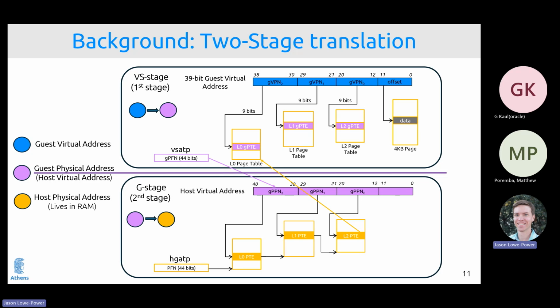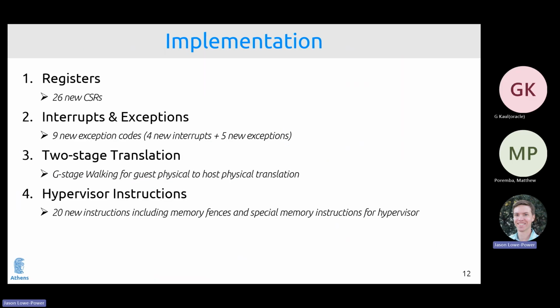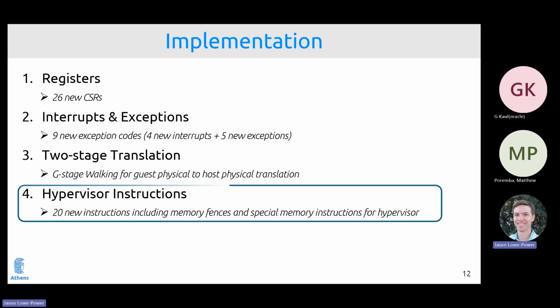Because it's purple, you have to pass it through the full G stages to get an actual address in RAM to find the level 0 guest's page table entry. And then you go on in the same way. So for each step in the upper table, you have to do a full sweep of the G stages. Finally, you get to your data in the same way and you return it. So that's the two-stage translation.